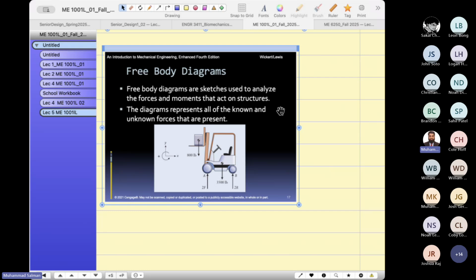Look over here, this is a free body diagram, like this reaction at this wheel, reaction for this, and the weight acting, and there is another weight acting on it. All these force vectors you have to show us.